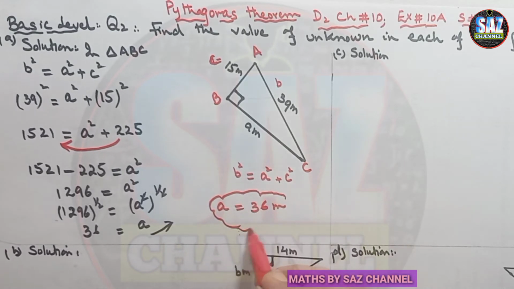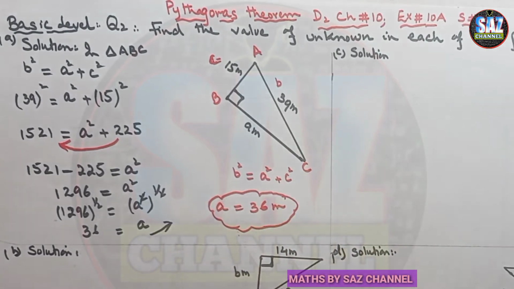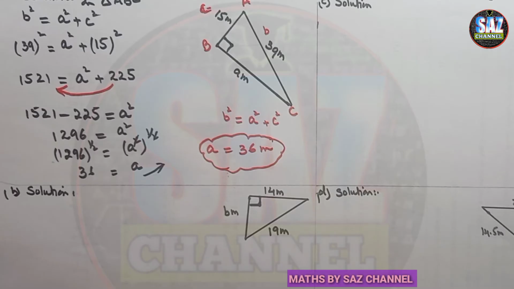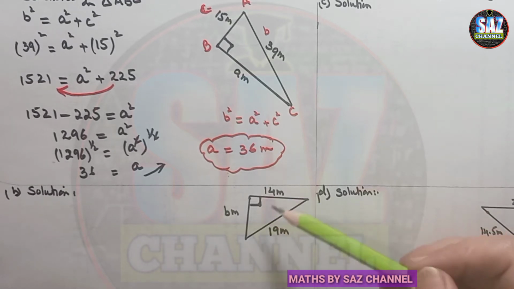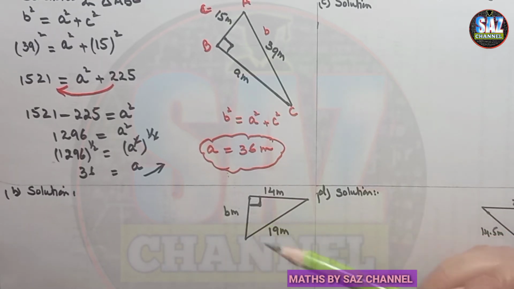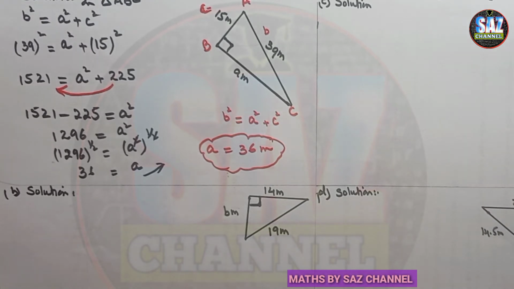Let me move to the B part of the question, and let me compare the question from the book. Question B has given a triangle with sides 14 meters, 19 meters and B meters. First of all, it's important to mark the vertices of the triangle according to the lengths given.